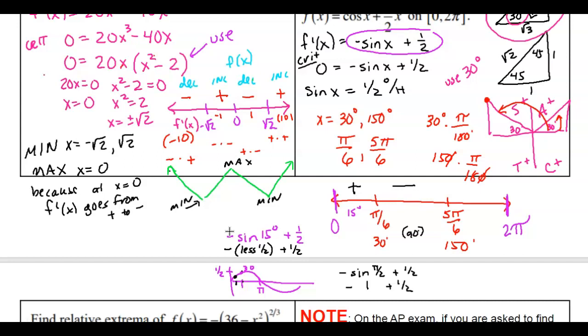And this wasn't kind of a funky equation, but let's try 180, which is pi. So is negative sine of pi plus 1/2. So if we go to pi, we get 0. So negative 0 plus 1/2 is positive. Okay. And so we knew that our original function, this is f of x, was increasing to decreasing to increasing.